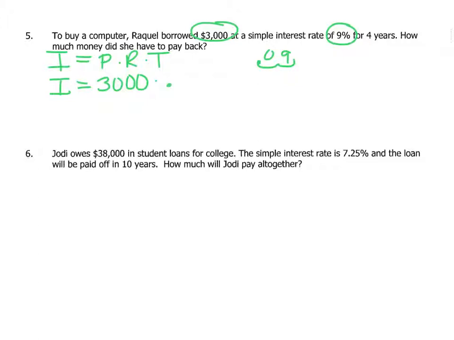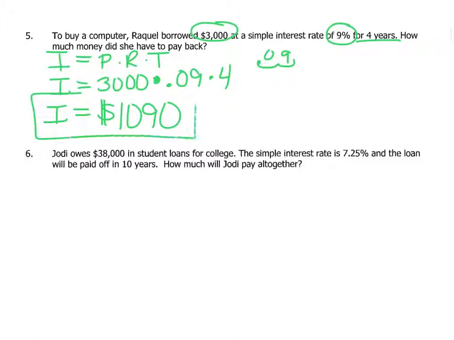So it's 0.09. And then the time is 4 years because she was going to work on paying it back over 4 years. So to calculate the amount of interest she had to pay, $3,000 times 0.09 times 4, you end up with a total of $1,080 in interest.